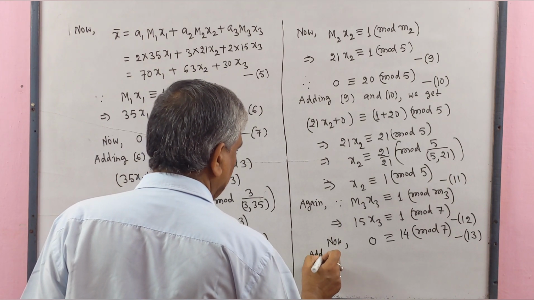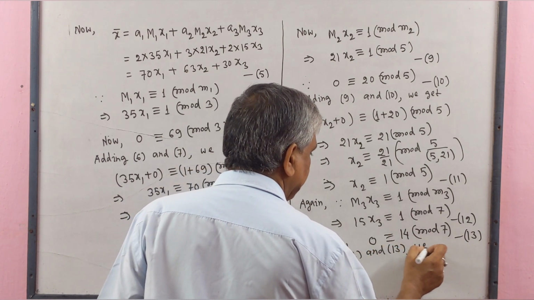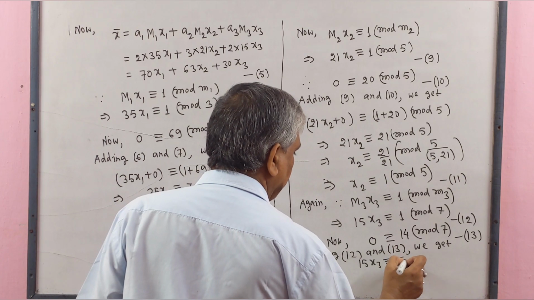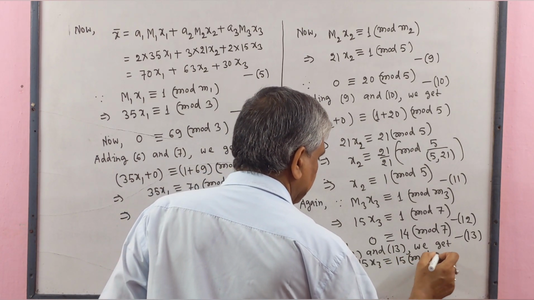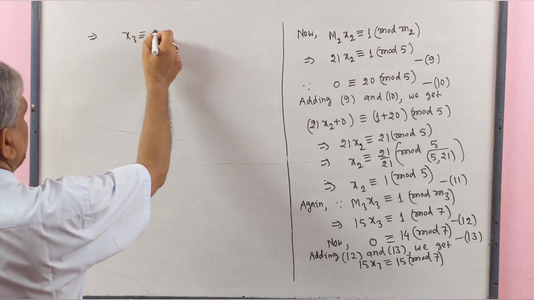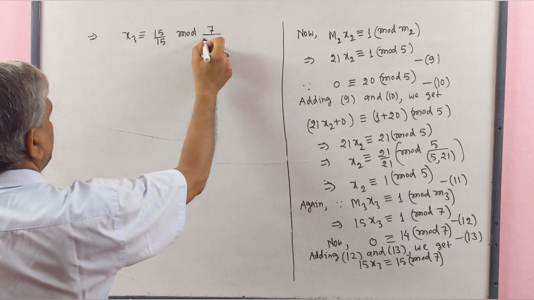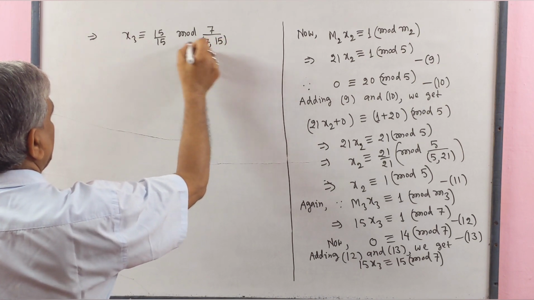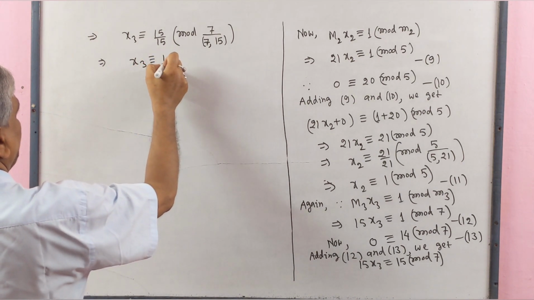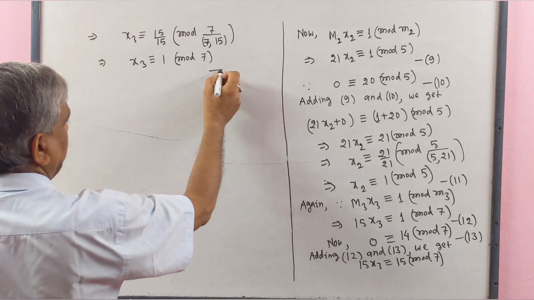Adding 12 and 13, we get 15x3 is congruent to 15 modulo 7, implies that x3 is congruent to 15 by 15 modulo 7 by GCD of 7 and 15, implies that x3 is congruent to 1 modulo 7. Let this be number 14.